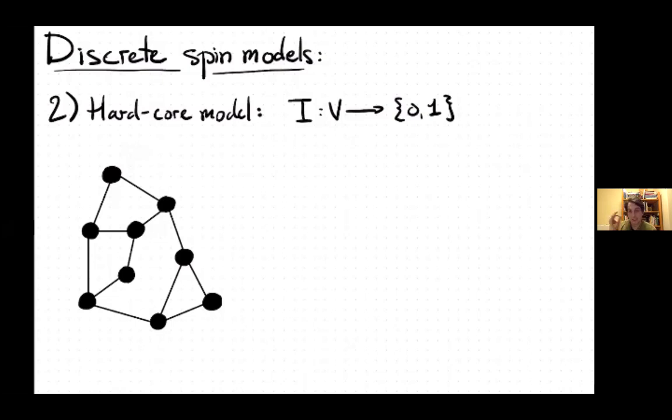So now the spins take values of 0 or 1, where I think 1 represents a particle being present and 0 means there's no particle. And then the probability of one of these configurations, which I denote by I, because I want it to be an independent set, is lambda to the size of I, where the size just means the number of ones.